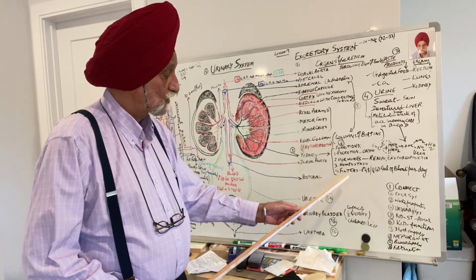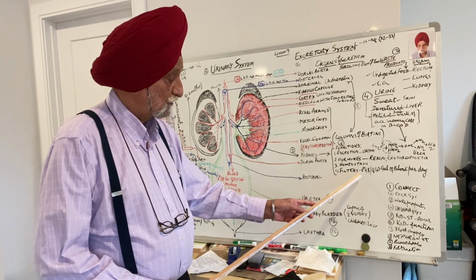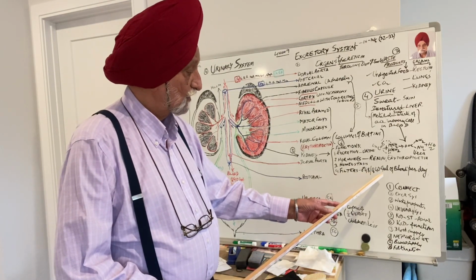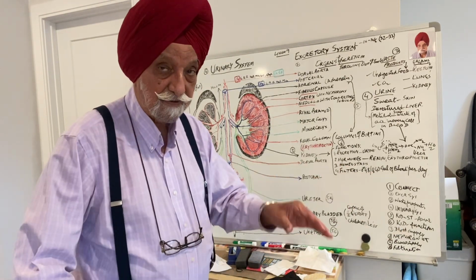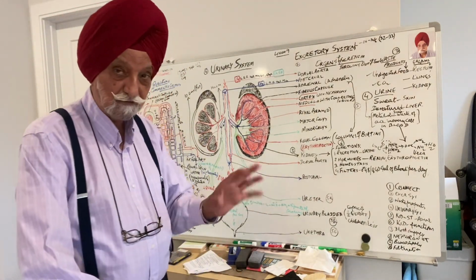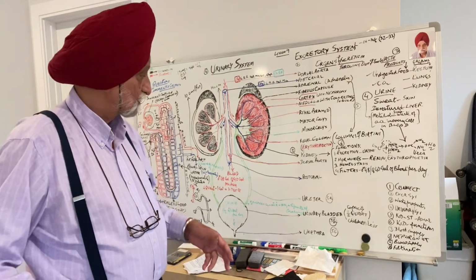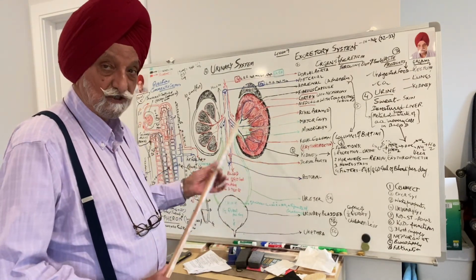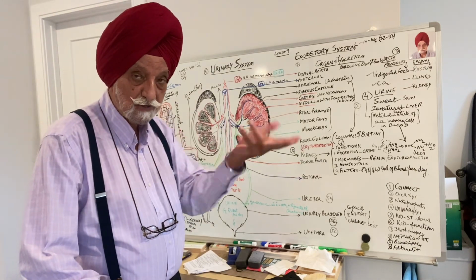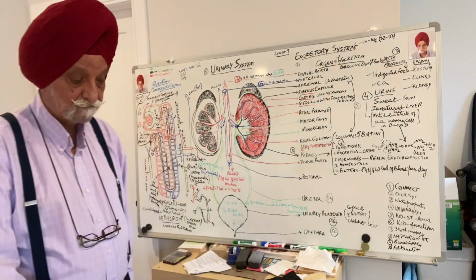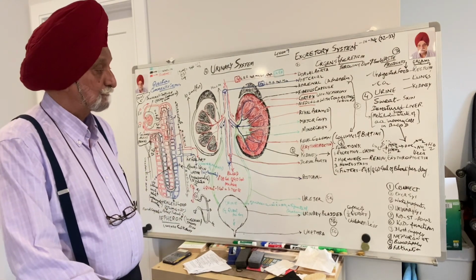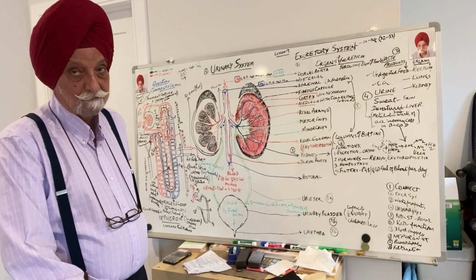It filters around 48 gallons in male and 40 gallons in female of blood per day. Now it's interesting that around 40 to 50 gallons of blood is filtered in each kidney in one day. It's beyond imagination, but it is there. Now I'll explain how that happens, or how blood is filtered in the kidney.